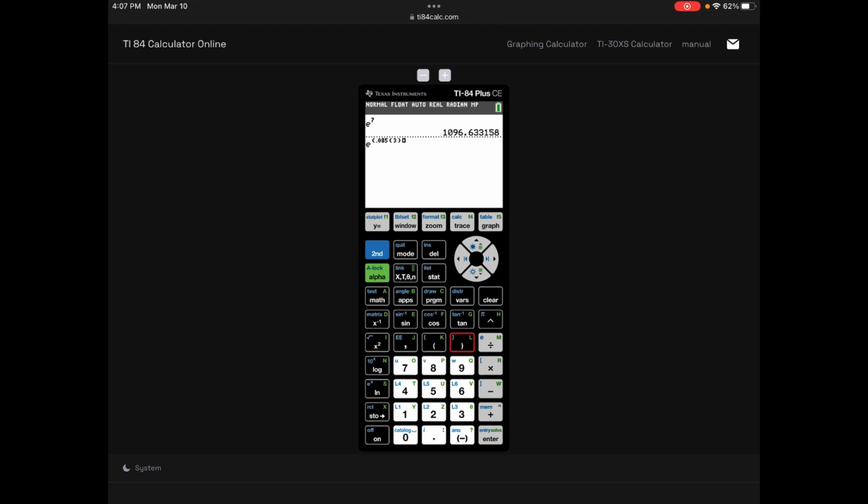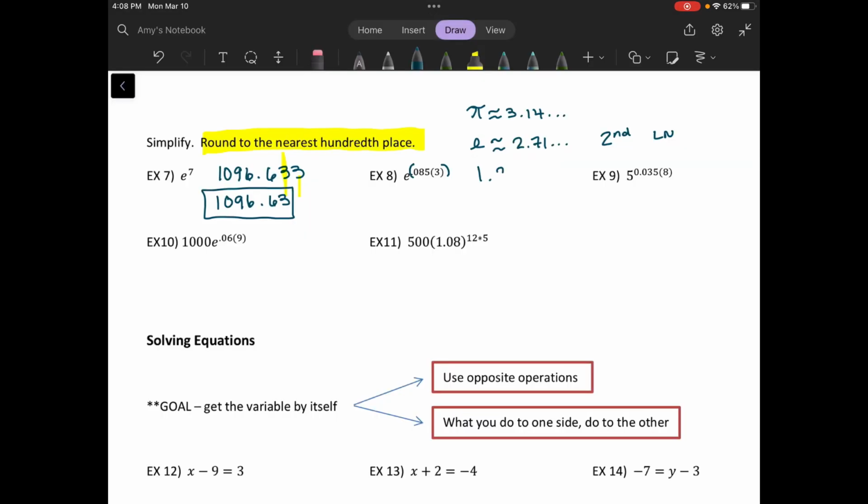The rest I can type just like it says on the paper, just parentheses around the whole answer, and we get 1.290. The hundredths is the 9. The 0 is less than 5, so we can just say it's 1.29.